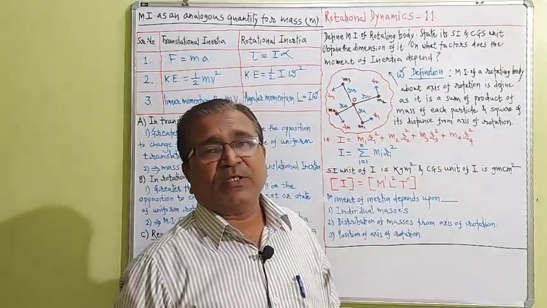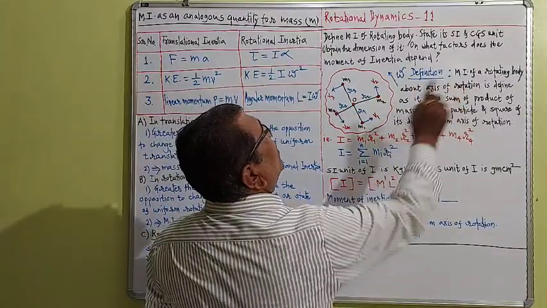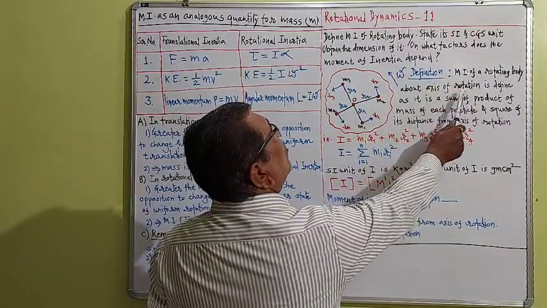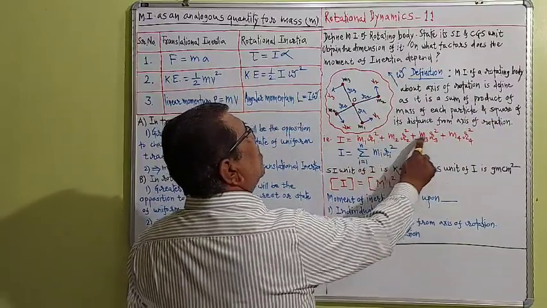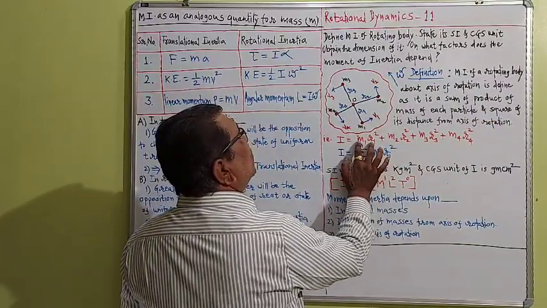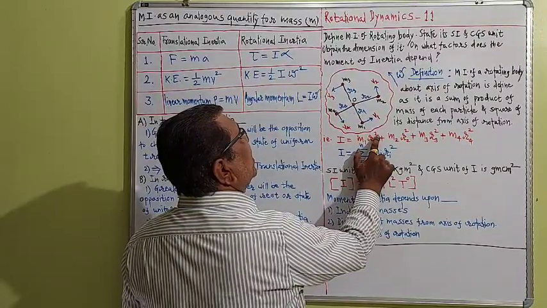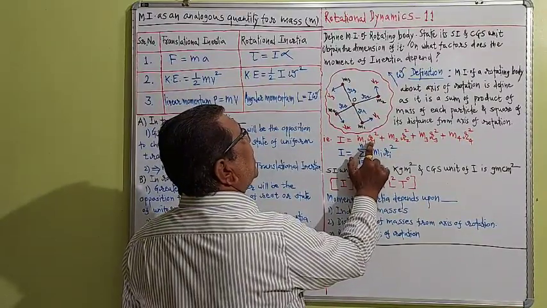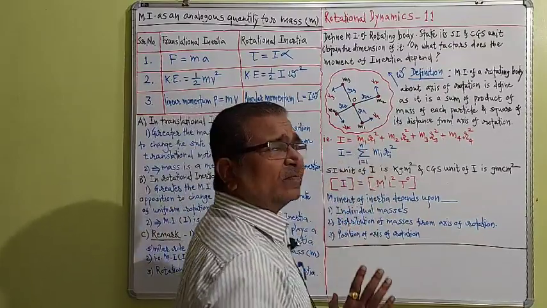What is that definition? MI of a rotating body about axis of rotation is defined as a sum of product of mass of each particle and square of its perpendicular distance from axis of rotation.